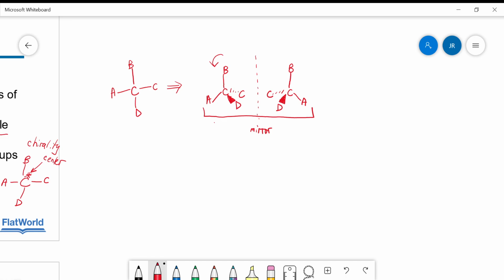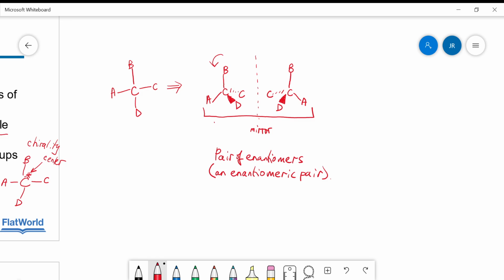We have a pair of enantiomers, or some people like to say an enantiomeric pair. Why are they non-superimposable?